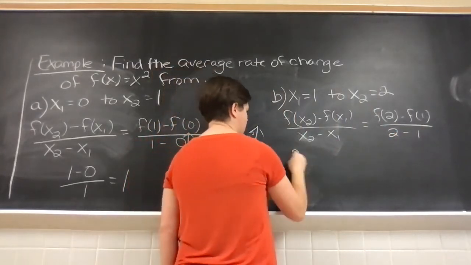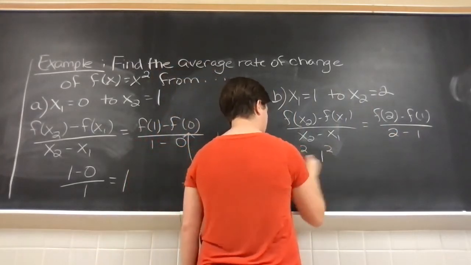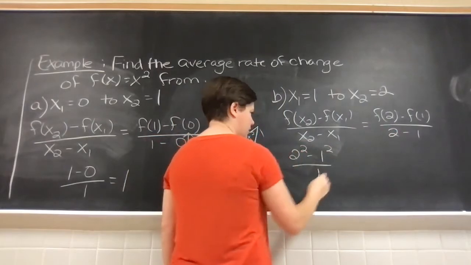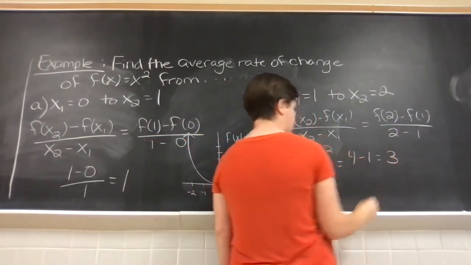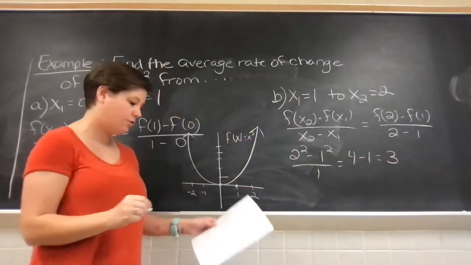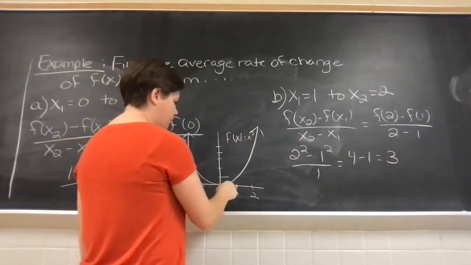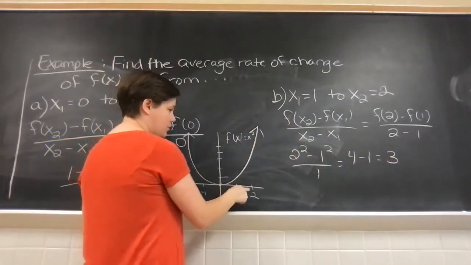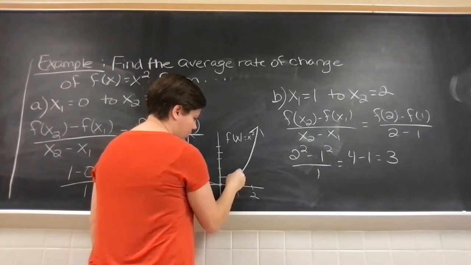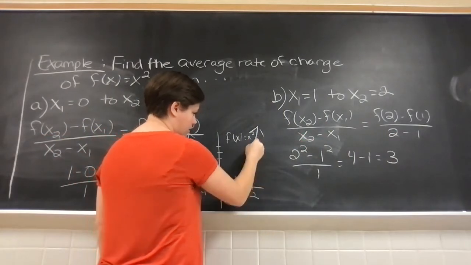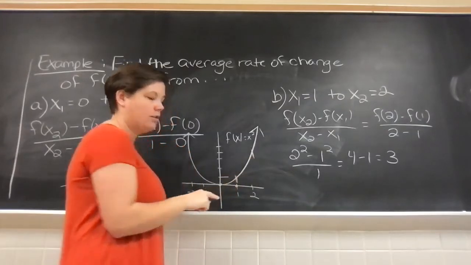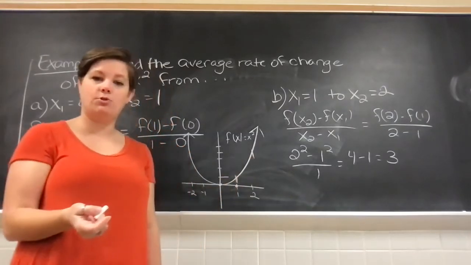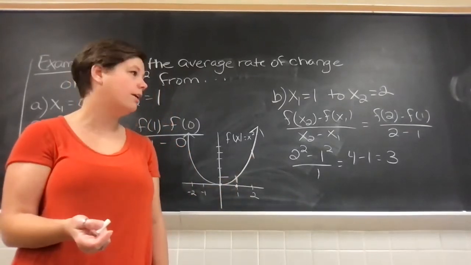Well, f of 2 is 2 squared minus 1 squared all over 1. 2 squared is 4 minus 1, which is 3. So there's an average rate of 3 if I go from 1 to 2. Well, if you look, here's 1 and here's 2. Look at how much steeper that is than it is over here. So that makes sense that our average rate of change is going to be that much greater.